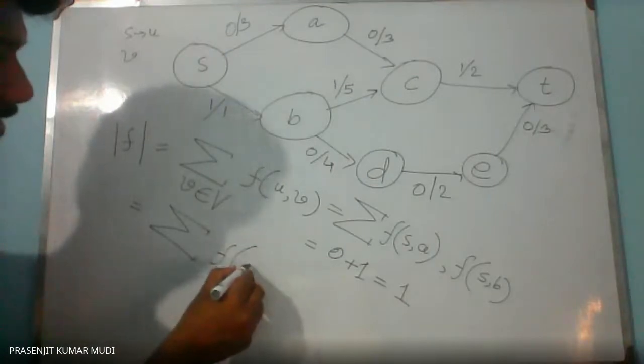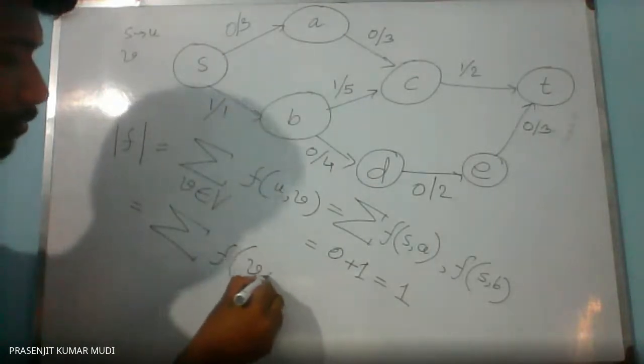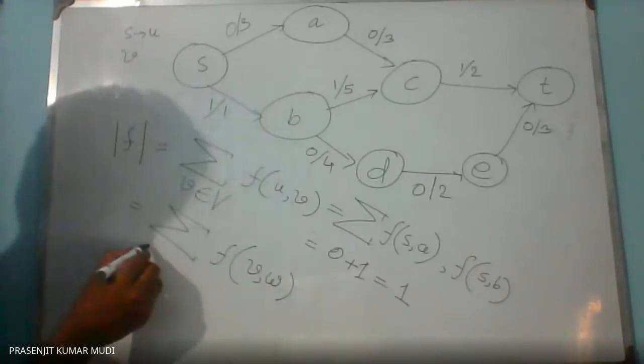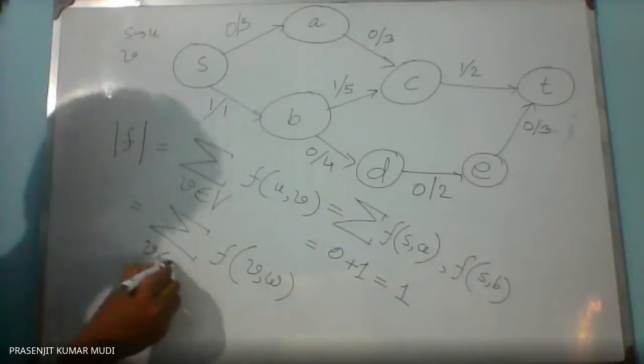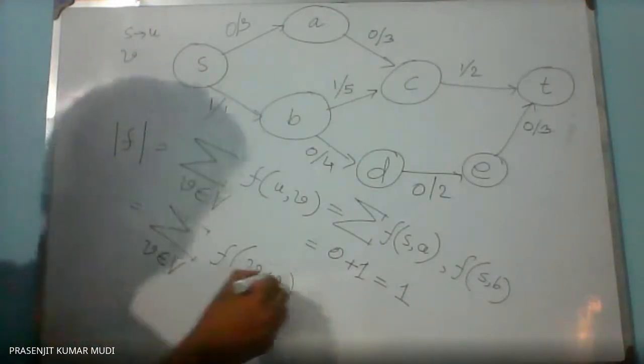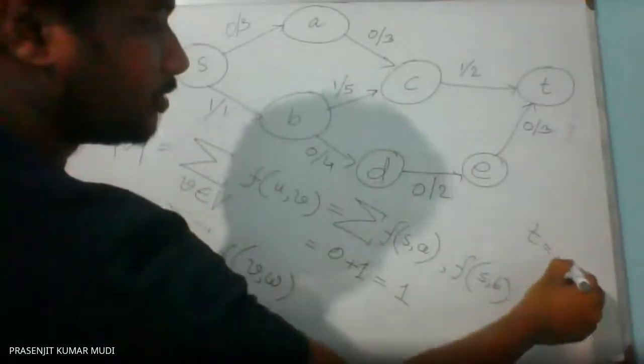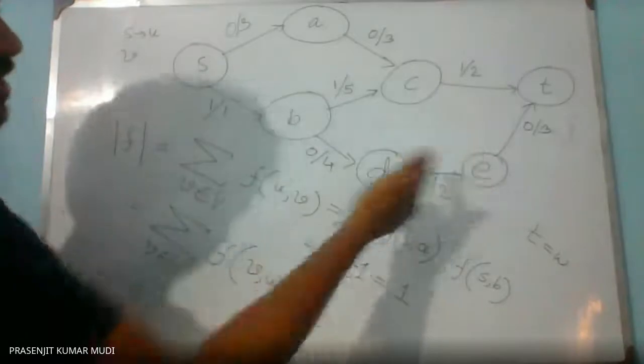That is, the sum of f(v, w) for all v belongs to V. Here T is your w, and we may have several v's. Here C and E are the v's.